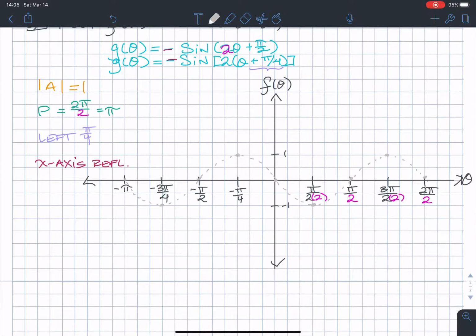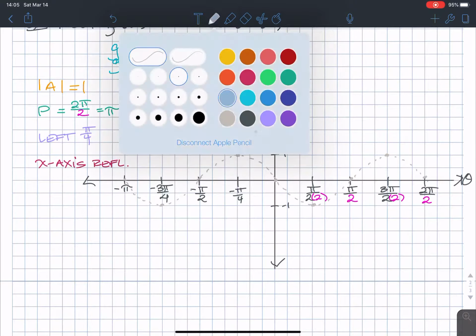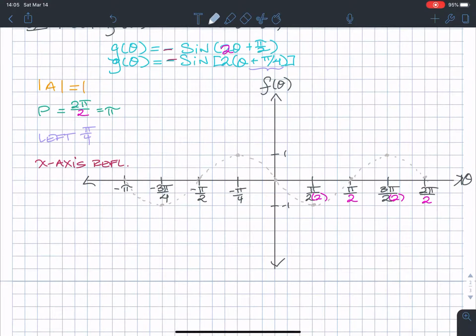Now let's shift that left one quadrant. So each of these points now gets shifted left one quadrant. So what we get then is this graph. And if you're hearing frogs, I don't know where they're coming from.